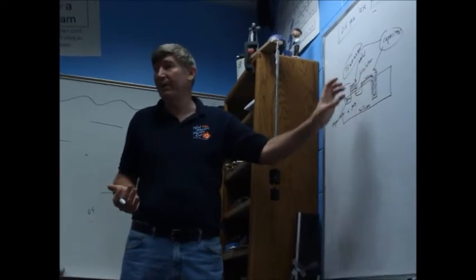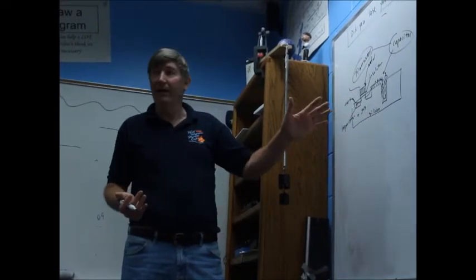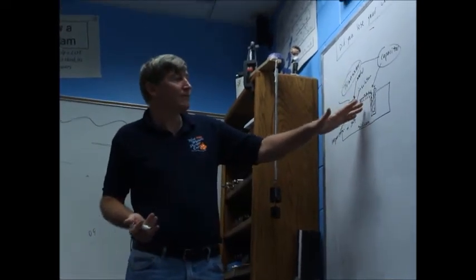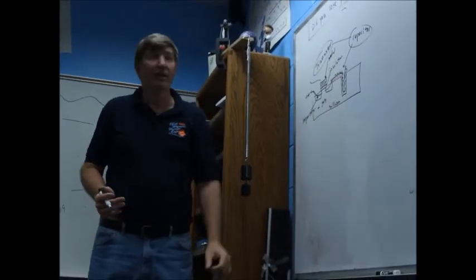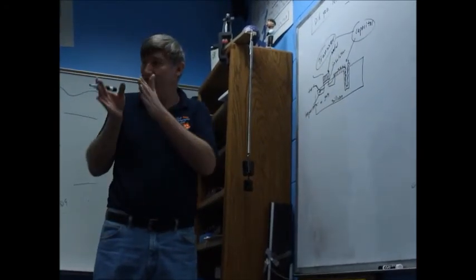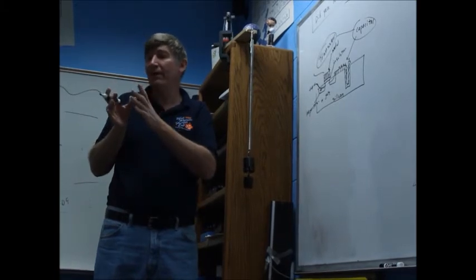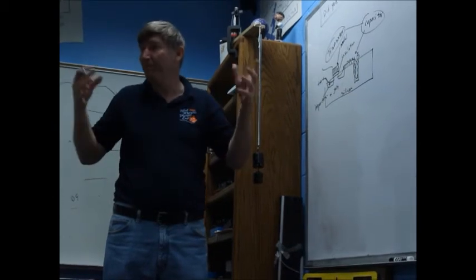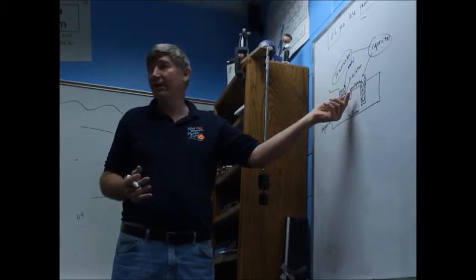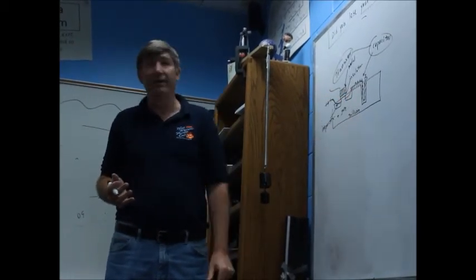But that's okay, we can make these small. But the problem is that this actually takes up more real estate than we would like. If you want your memory chip to hold more and more bits, you're going to have to figure out a way to squeeze this down to a smaller thing.